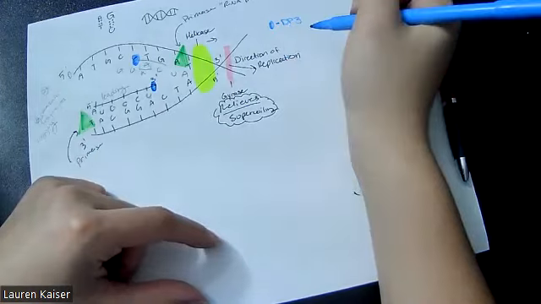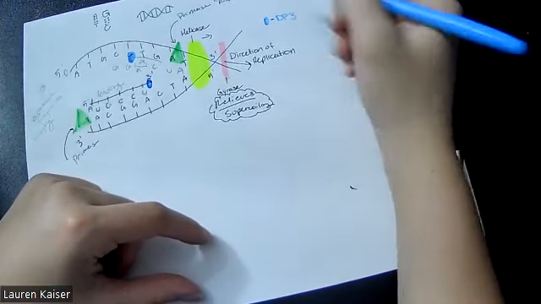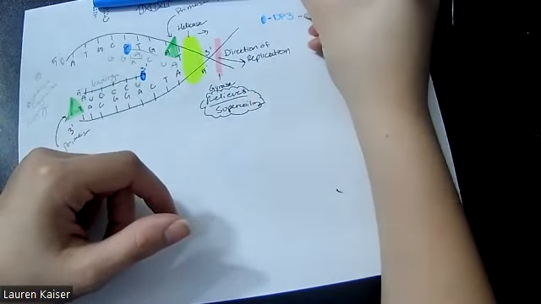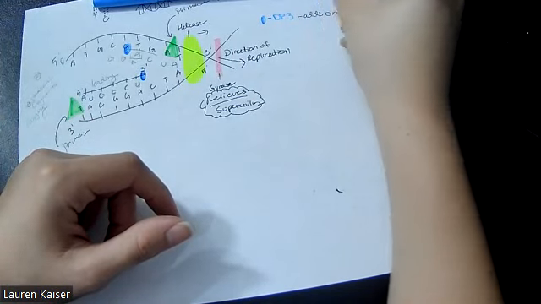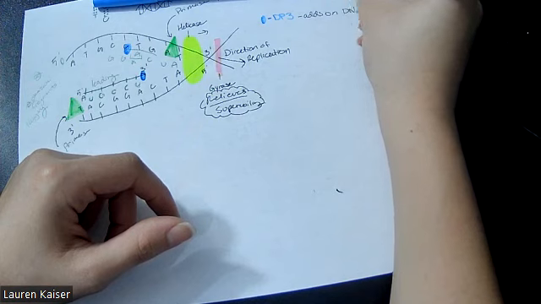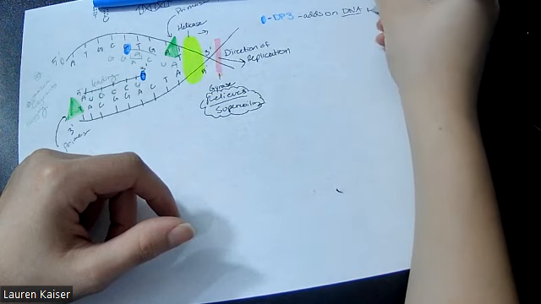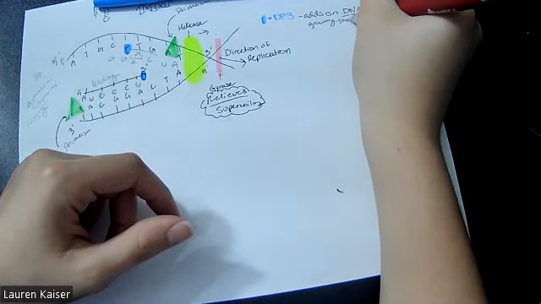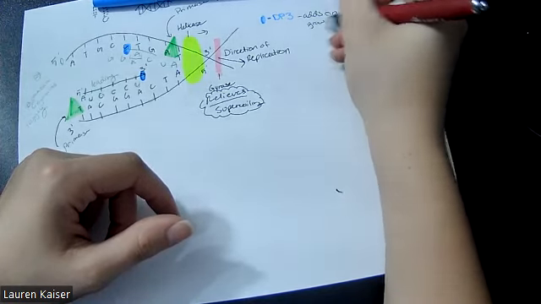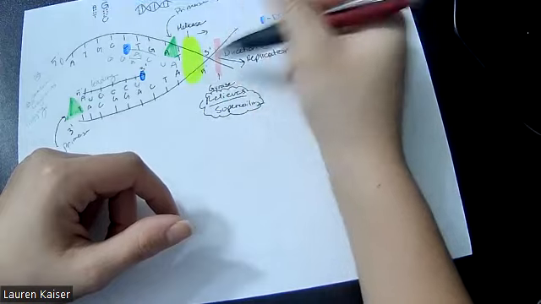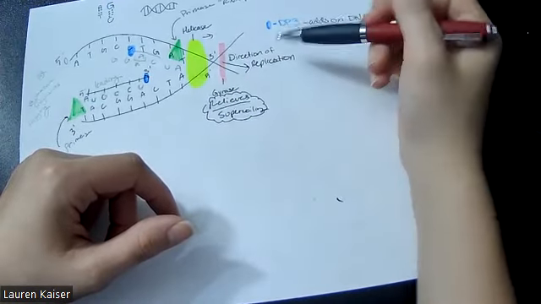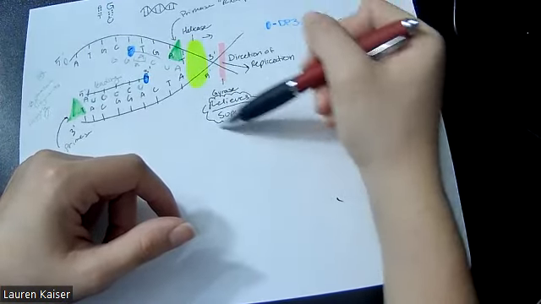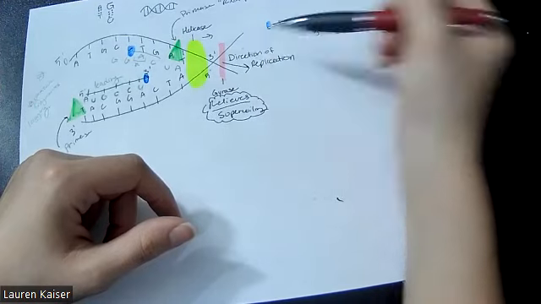DNA polymerase 3. Now, DP3 adds on DNA to the growing strand. This growing strand was started by primase, which was unwound by helicase and kept unsupercoiled by gyrase.